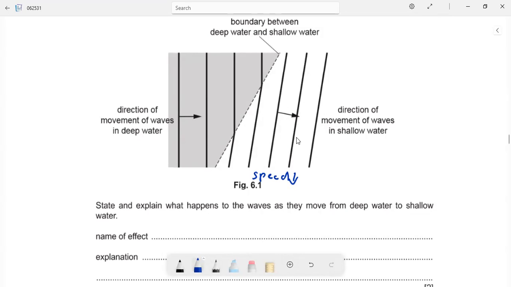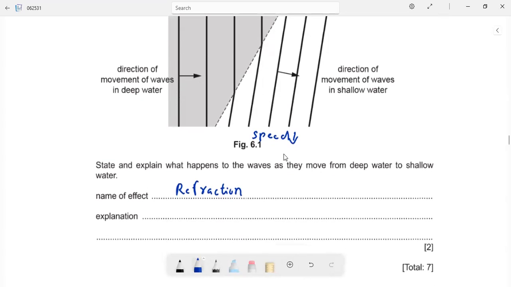So the name of the effect is refraction. When it is passing from deep water to shallow water, there is a change in speed. Because of this change of speed, refraction is occurring.